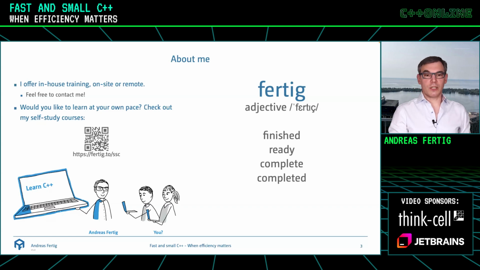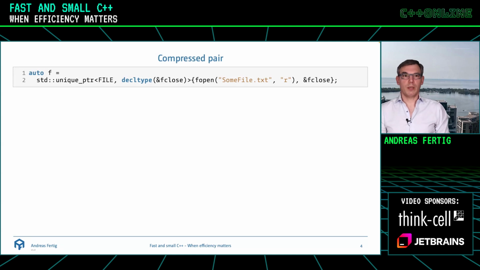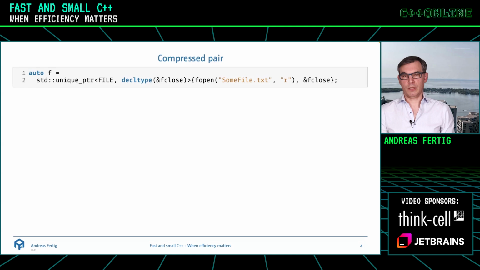So let's get started. The first thing I have here is a compressed pair. And what you're seeing on the screen is not really a compressed pair. What you're seeing on the screen is a data type that you potentially know, it's a unique pointer from the standard library. And here I'm showing a slightly different version.